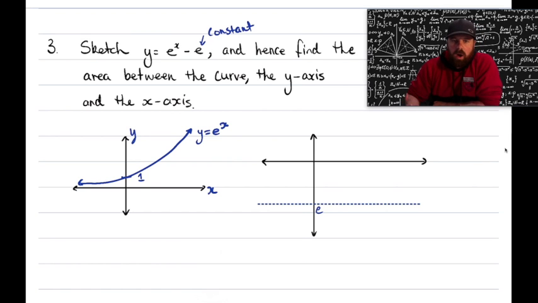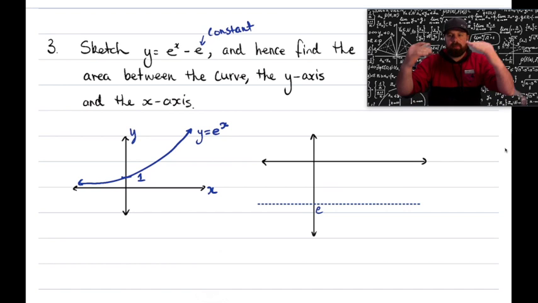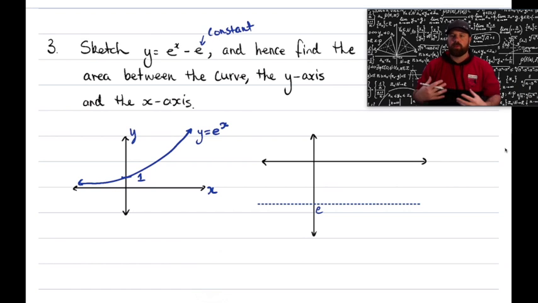Our y-intercept, if we look back over here, was initially at 1. It's now been moved down e units. And remember, e is approximately 2.7, to be really crude with our rounding. So 1 take away 2.7 is going to leave me below the x-axis.